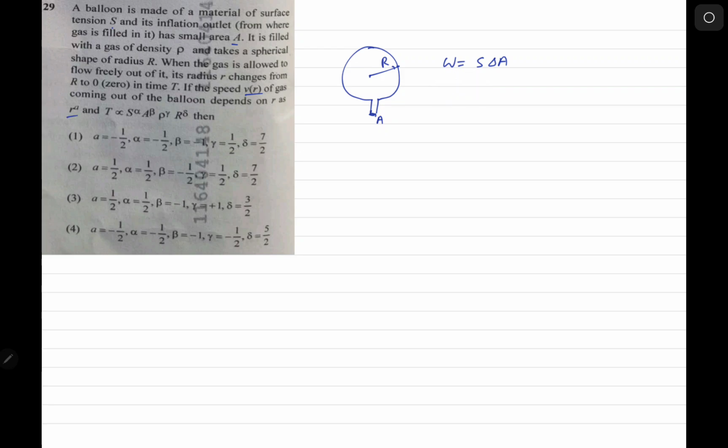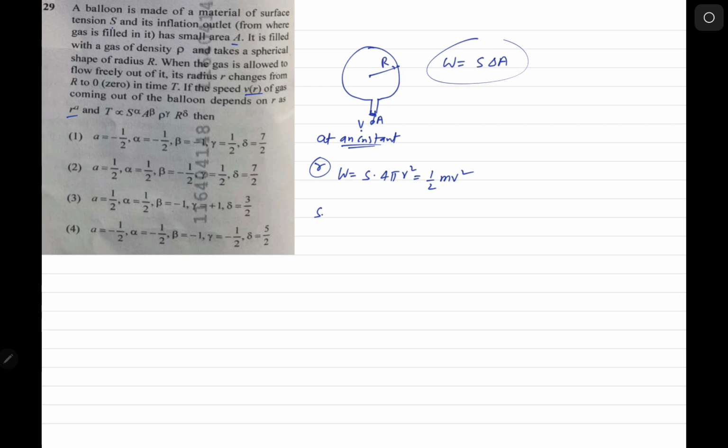So at an instant, when the radius is small r, the surface energy required is W equal to S into 4 pi r square. This energy will be converted into kinetic energy, which is that speed only.